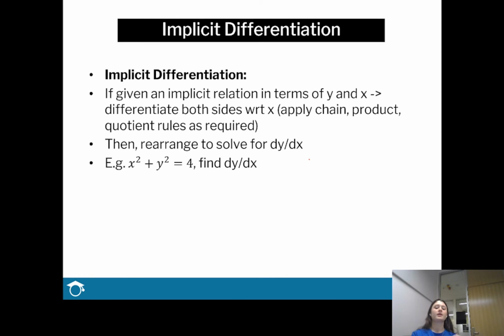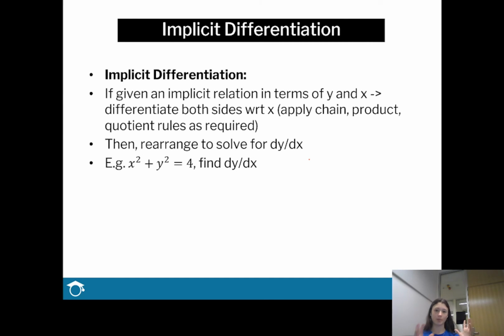Okay, now we are getting onto implicit differentiation. So implicit differentiation is when we have a function that is not just in terms of y being isolated on one side and lots of x things on the other side, or vice versa.